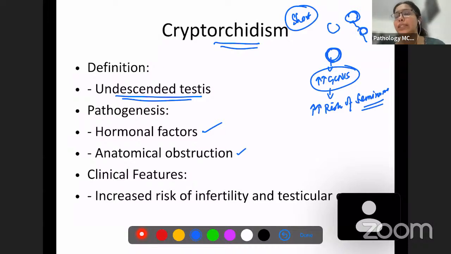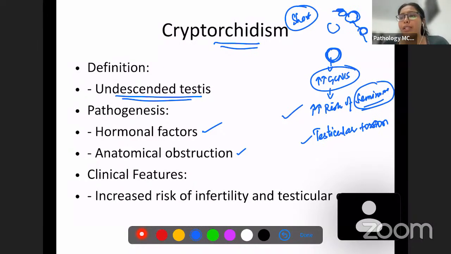Other than that, another thing which can happen in the cryptorchid testis is that the spermatic cord is going to get twisted, and this can result in testicular torsion. So one is the risk of seminoma, then the risk of testicular torsion, and then an increased risk of infertility, because the cryptorchid testis is not going to be functional and is not going to produce testosterone as much as the normal testis.